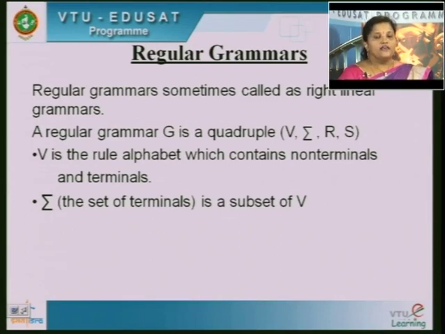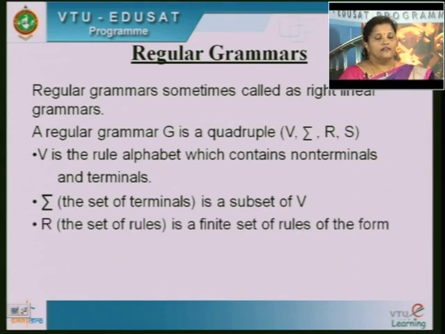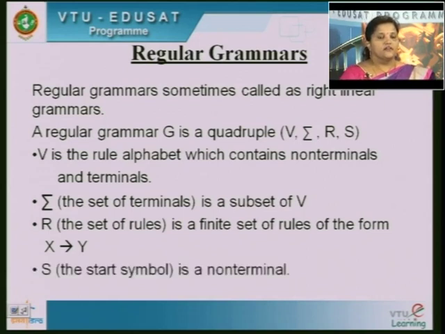Similarly here, if you have a string abb, it should be contained in sigma. Next R is the set of rules, a finite set of rules of the form x derives y. There are some criteria to define these rules, we will see next. And S is the non-terminal, the start symbol.